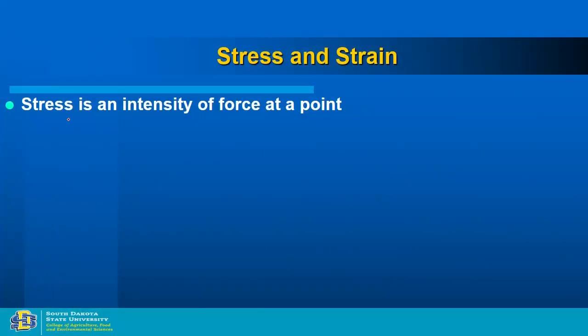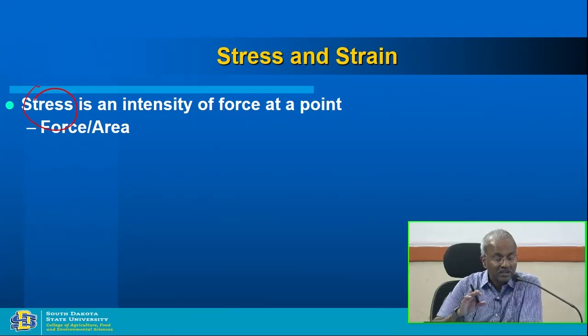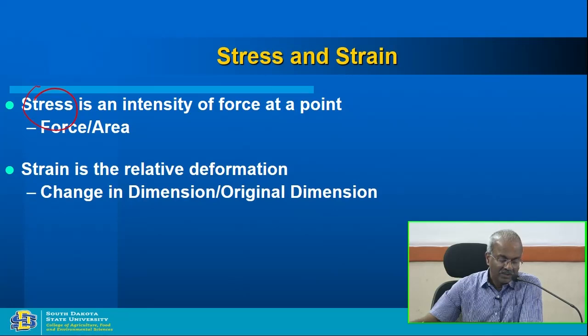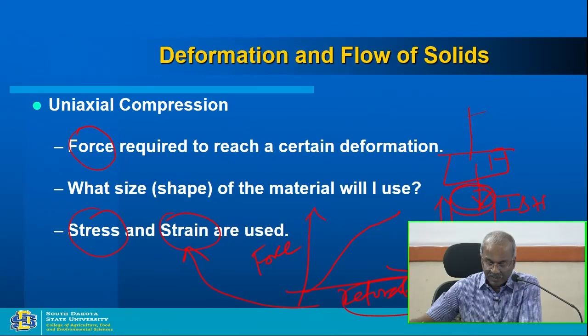So basically, stress and strain. Stress is the intensity of force at a single point, and that's what you can measure. Force over area, how much force you apply divided by area, that gives you the stress. Strain is a relative deformation, which is the change in dimension relative to the original dimension, as I provided in the previous case.